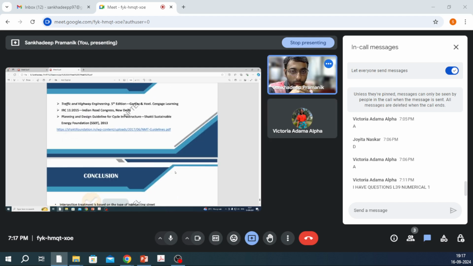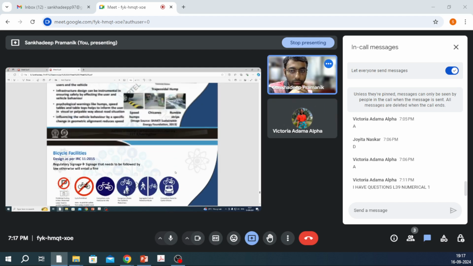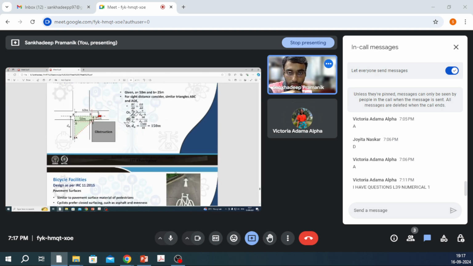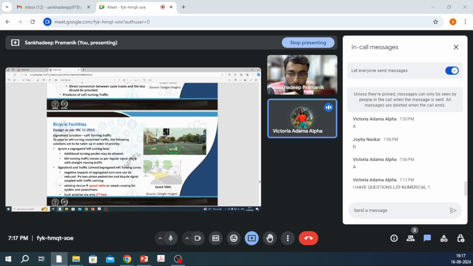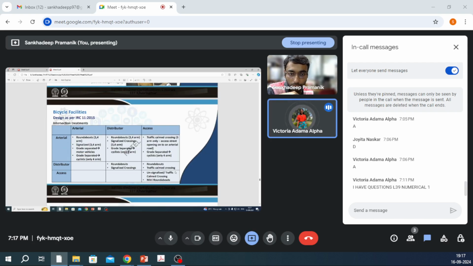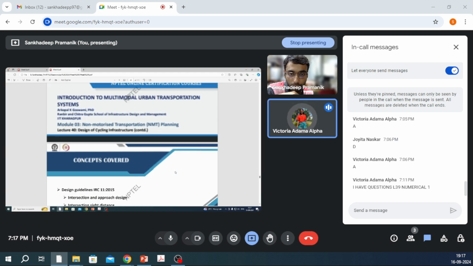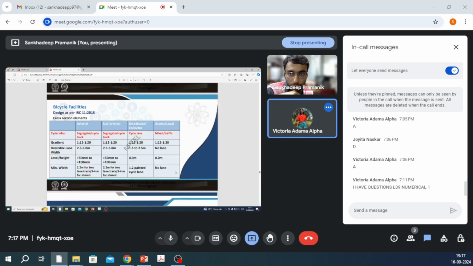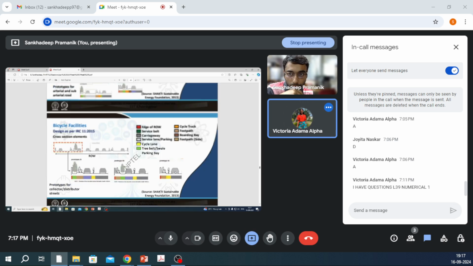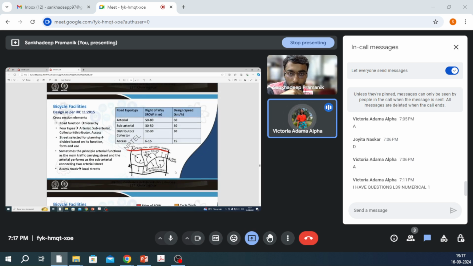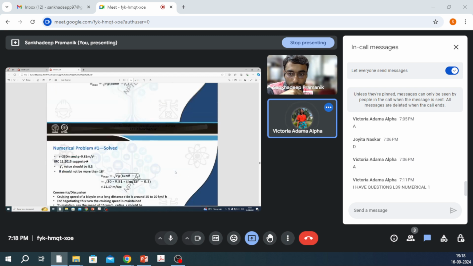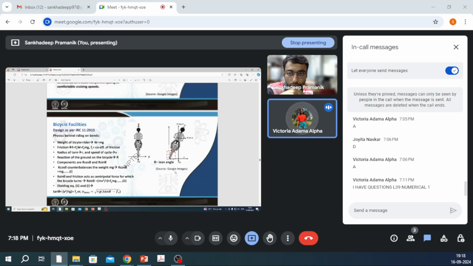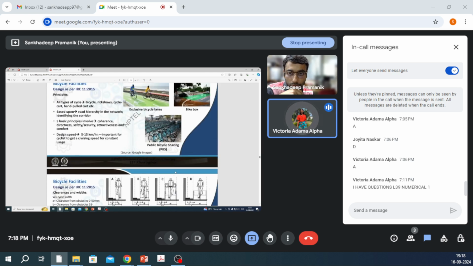Is there anywhere it is written in these slides? Yes, in the bicycle facilities design speed, on the first page for the principles.